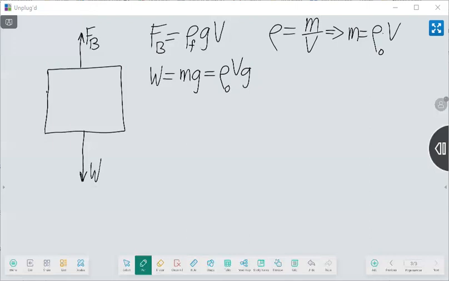So when is the net force going to be positive, or upward, and this object float up? And when is it going to be negative and float down? Well, it all depends on this ratio. If the ratio of buoyant force over weight is greater than 1, the object rises.